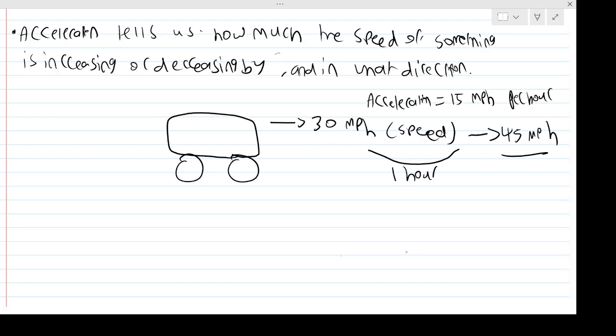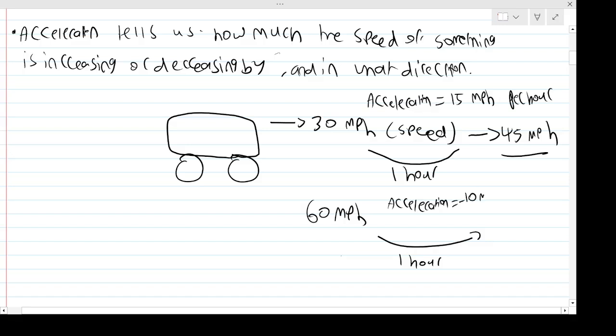Now let's consider the car is traveling at 60 miles per hour. And in 1 hour, I'm not going to tell you what the speed will be, but I'm actually going to say instead the acceleration in this case is now negative 10 miles per hour, okay?